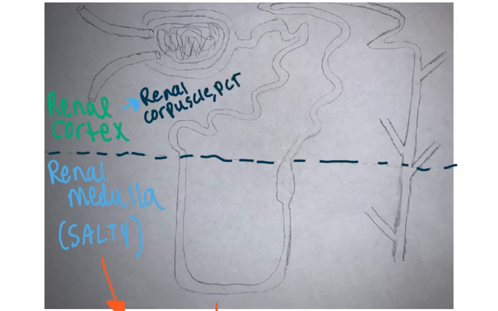That's part of the renal cortex. Our distal convoluted tubule is part of our renal cortex. So all of this. And some of our collecting duct is also part of our renal cortex. Just a little part of our collecting duct is also part of the renal cortex, but it also dips down into the renal medulla.